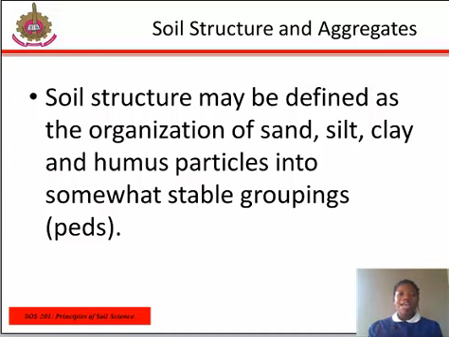Two, colloidal oxides of iron, aluminium and manganese, which are collectively termed sesquioxides. These are especially typical of tropical soils. Three, we have the microbial gums.